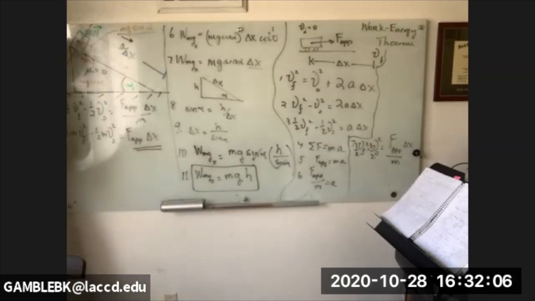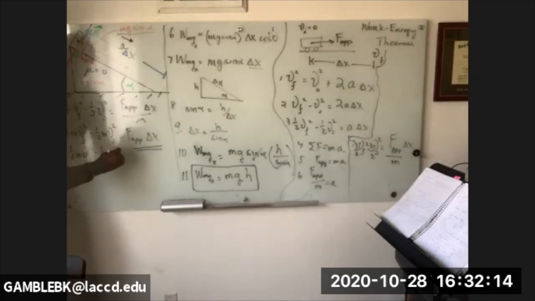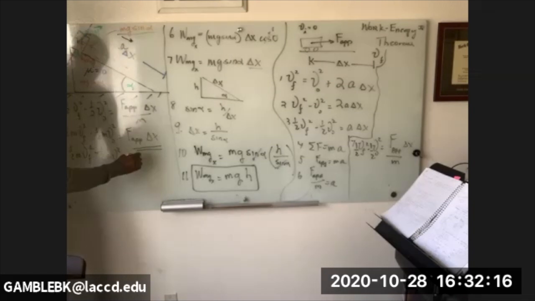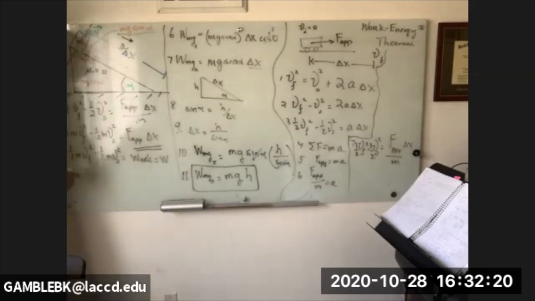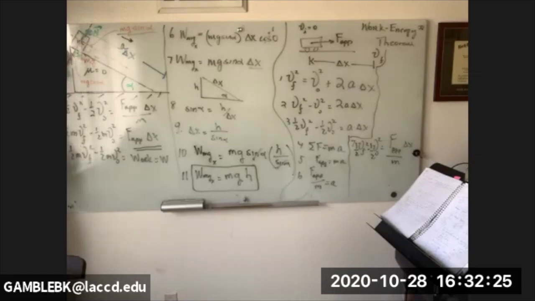So let me complete this out: 1/2 m v final squared minus 1/2 m v initial squared is equal to work. But this quantity on the left is actually called something. 1/2 mv squared. What is that? Kinetic energy. That's right. It's energy of motion.